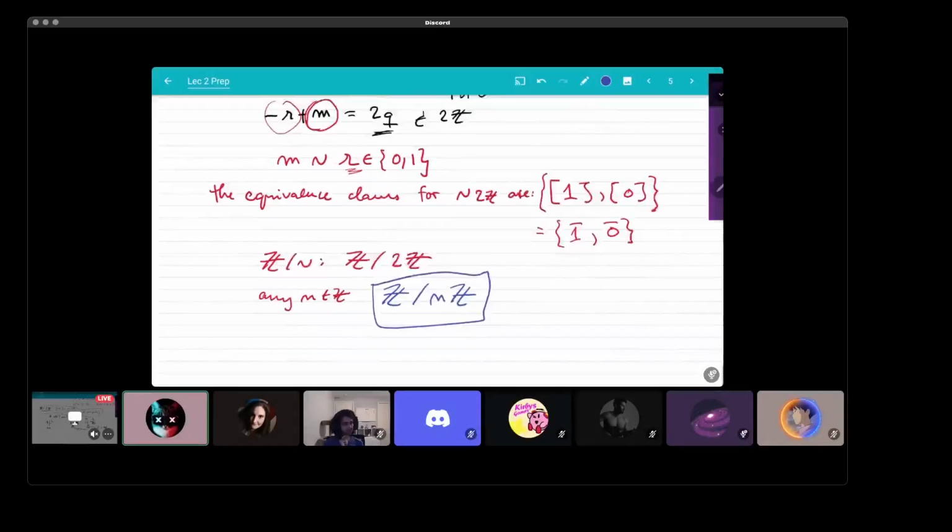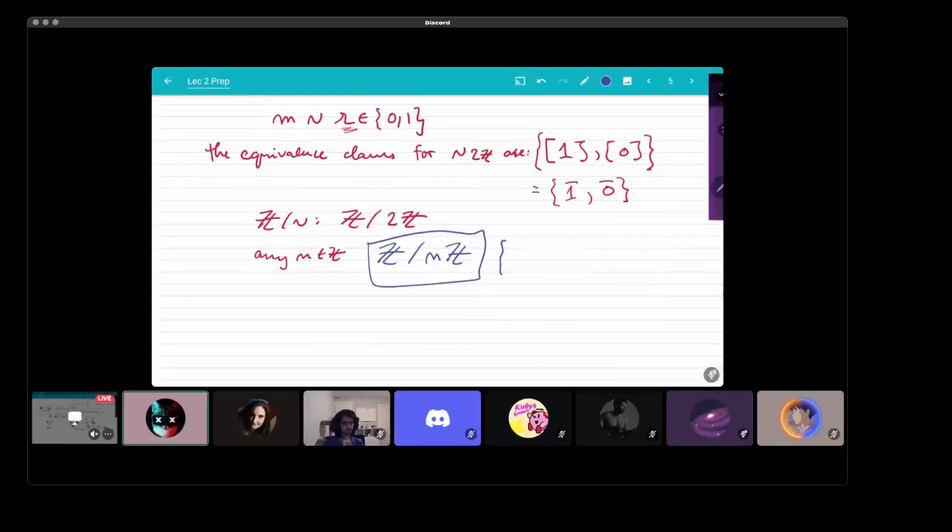So in some way this is the set of all possible remainders in the division by n, which is 0, 1, and so on until n minus 1.